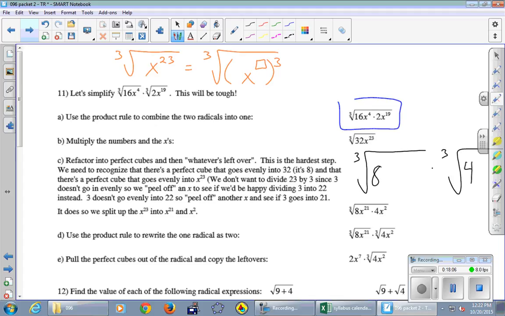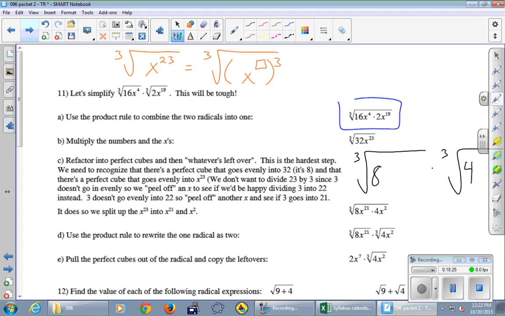Is there a number I can put in there that's going to work? 7. 7 times 3 is 21. So can I put 7 there? Yes. But can I put 7 and still have it be the 23? No, we can't make 23.